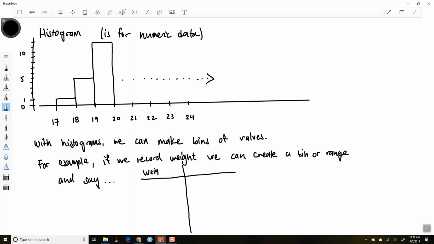As far as weight goes, frequency or count, we can say 100 to 109.9, 110 to 119.9, 120 to 129.9, etc. And we can say there's 3 people and 12 people and 18 people, something like that.